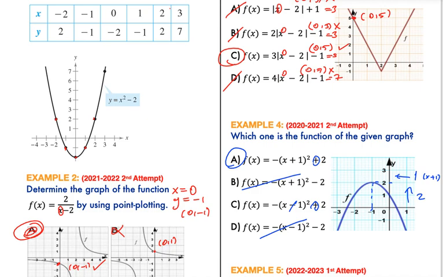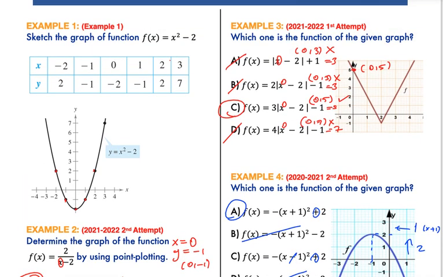Nothing is multiplied or divided by the x. But here in question 3, the x's are multiplied by some values. So they are not transformed from a parent function. So for such questions, you can't use transformation rules. We have to stick with the point plotting method.